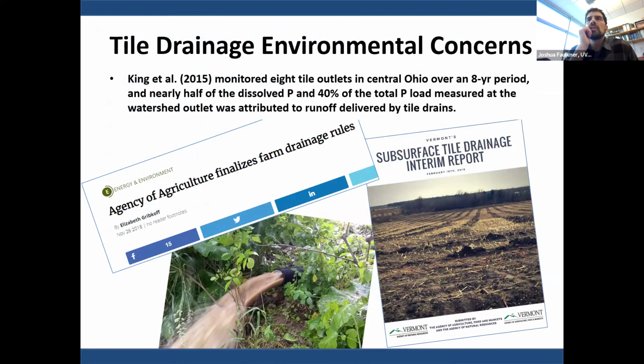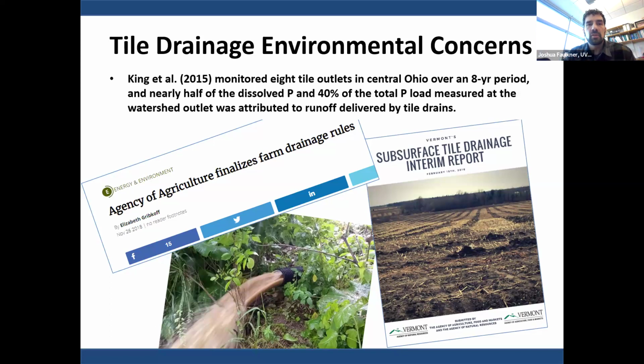We used to think that there was really no phosphorus transported in subsurface water and tile drainage water because we know that phosphorus bonds really tightly to soils. And so we didn't think that phosphorus would move downward far enough into the profile to move into tile, but primarily because of preferential flow, those biopores, macropores, cracking, we do see phosphorus moving downward into tile lines, and that's been noted.